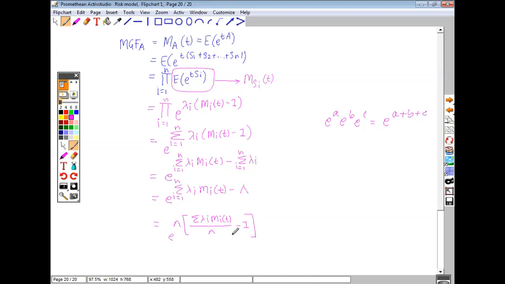Now, if I have to compare this MGF with the MGF of anything that we have, the secret is already revealed to you, that our A follows a Poisson distribution. So have a look at your table booklets and see what parameter, and how the MGF of the Poisson looks similar to this A guy here.